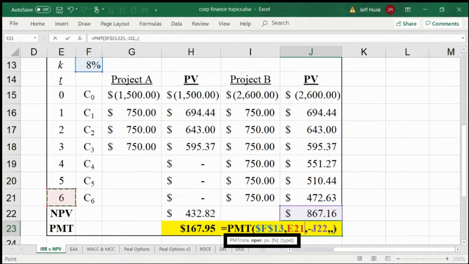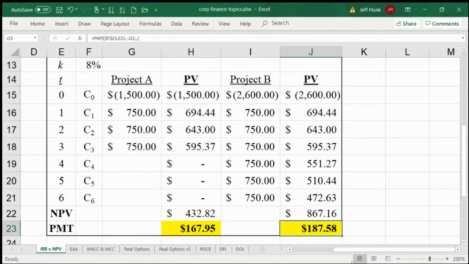And then no future value, so just nothing and a comma. And then type, once again, ordinary annuity, so you put nothing there. Hit OK. We got 187. So think about it. By the equivalent annual annuity method, project B still wins out, right?